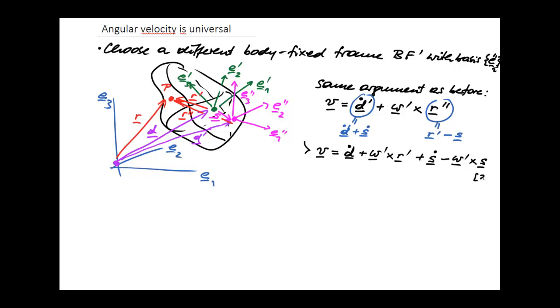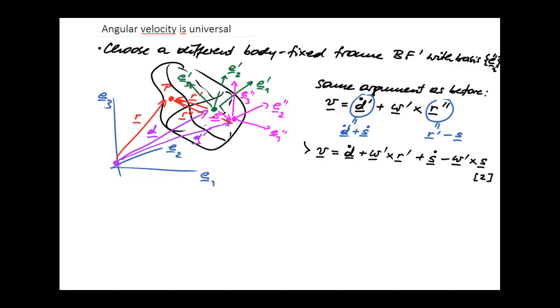Let me denote this equation by number 2. So on the previous page, we had an expression, a formula for v. That was formula number 1. And here we have an alternative formula for v.